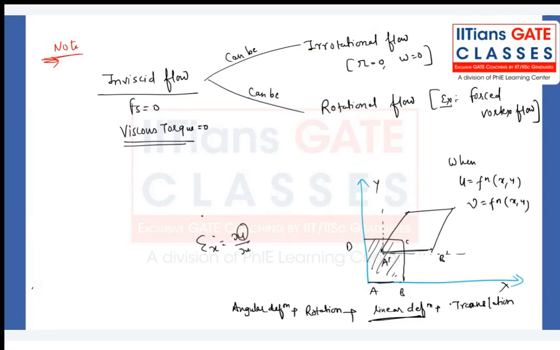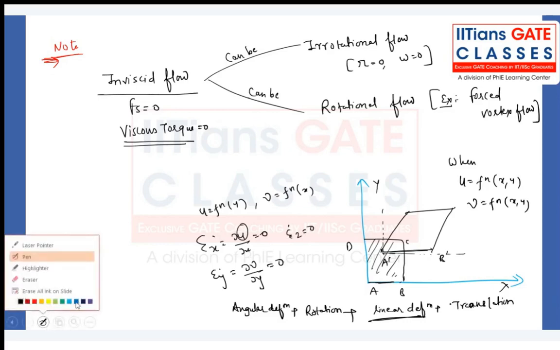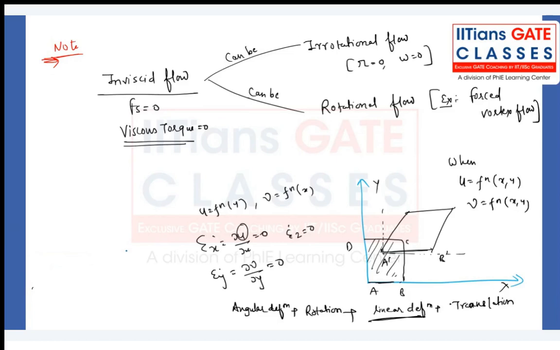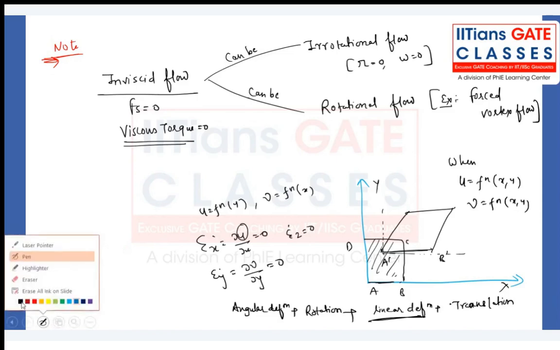Otherwise, if it is a function of y, then this will be zero. And in the y direction dou v by dou y will also be zero. And anyhow, perpendicular it will be zero. Linear is strain rate. Getting my point, right? So you can try all permutations and combinations by having the functions.